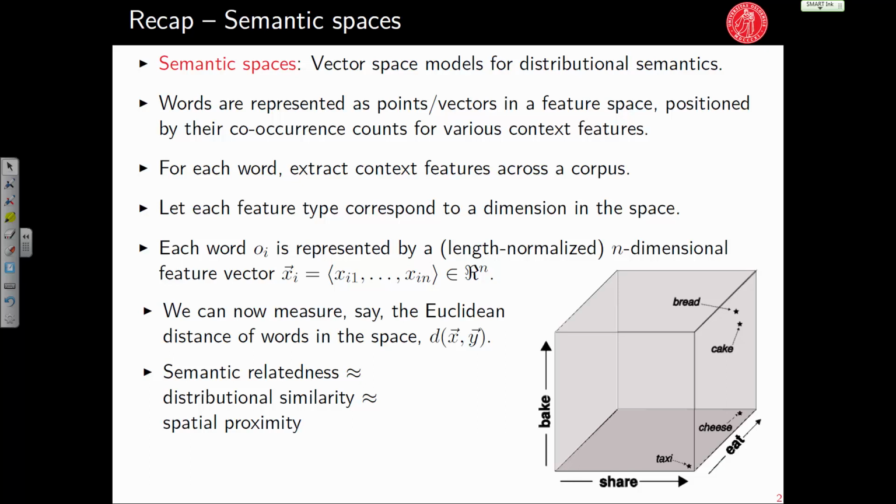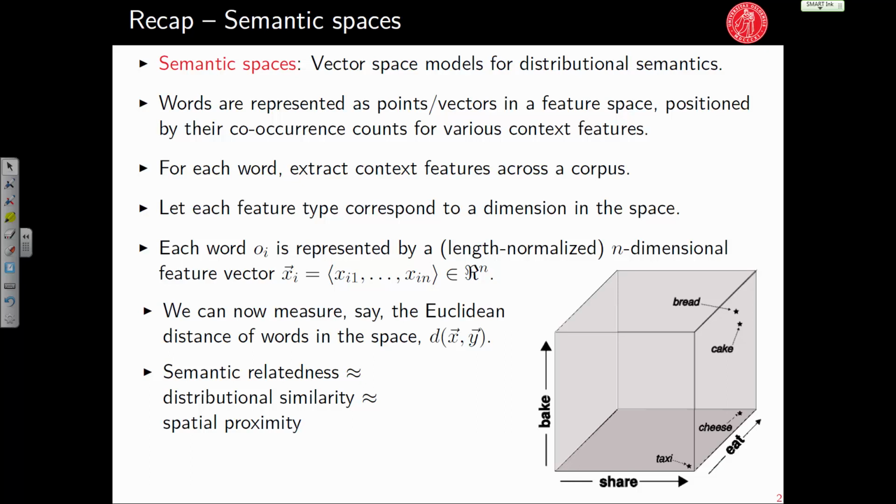And we represented words as points or vectors in our vector space. And the positioning of these points or vectors is based on the occurrence counts for various context features. And we introduced different ways of defining what is a context.